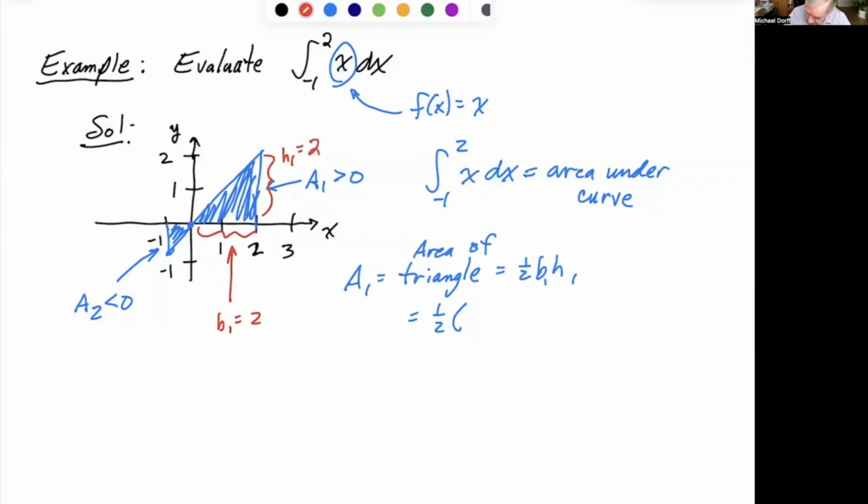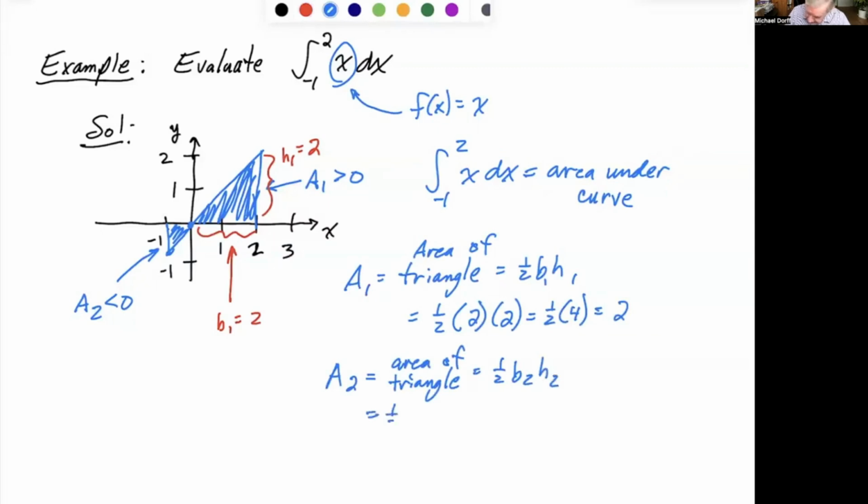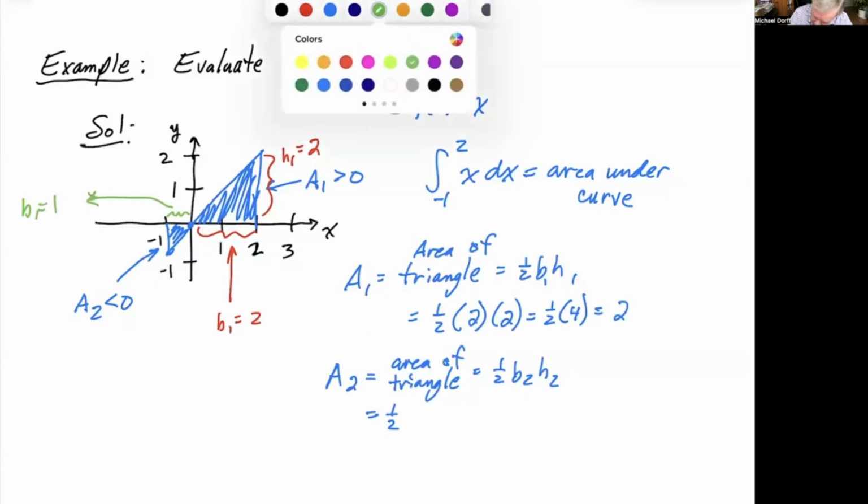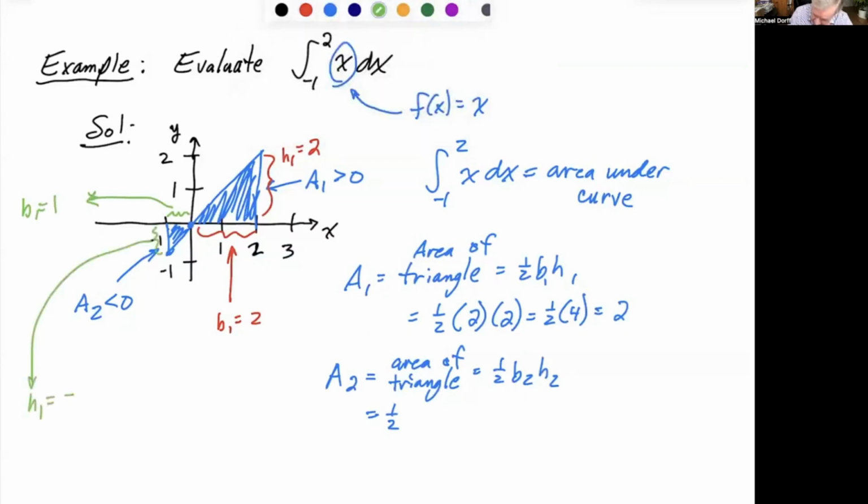So I'm going to get 1/2 times 2 times 2, which is going to be 4, so 1/2 of 4, which is 2. So that A1 area is 2. What about A2? It's an area of a triangle, and it's going to equal 1/2 base 2 times height 2. What is the base? B2 is 1. And what is that height? That height is -1.